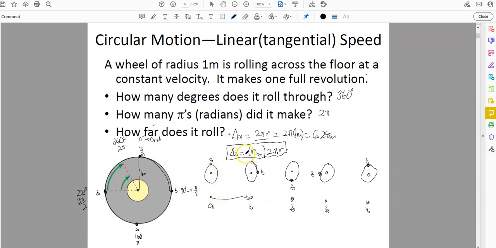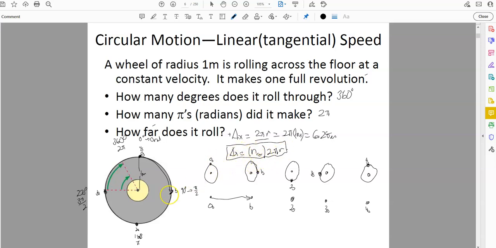So that would be a quarter turn, so 1/4 times 2 pi times 1 meter, so that would be pi over 2 times 1 meter. So that would be something like 1.57 meters, is how far that would have rolled.